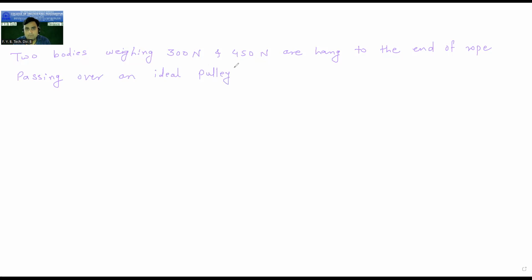Now the next numerical: two bodies weighing 300 Newton and 450 Newton are hanged to the end of a rope, passing over an ideal pulley, as shown in figure.